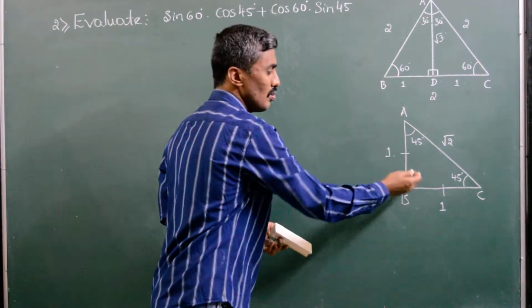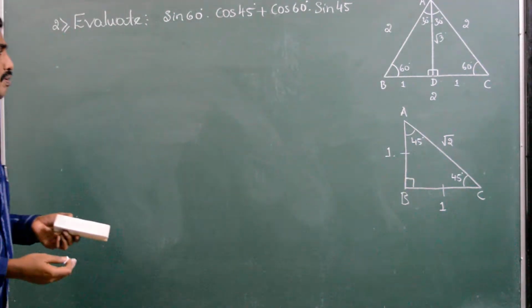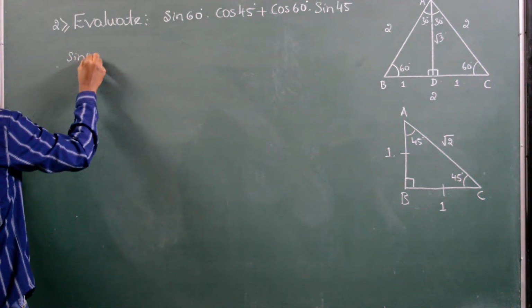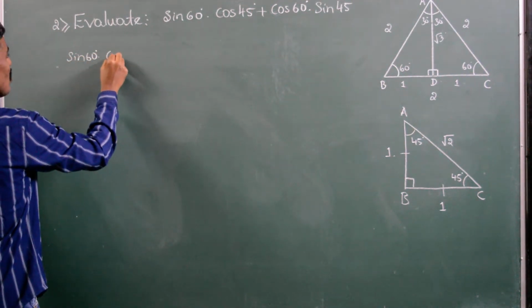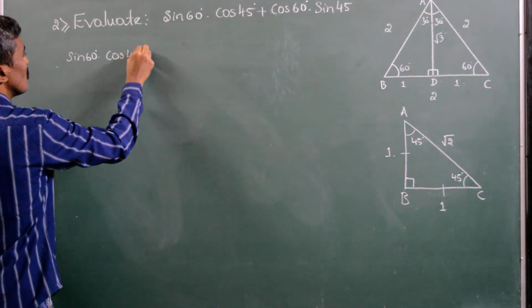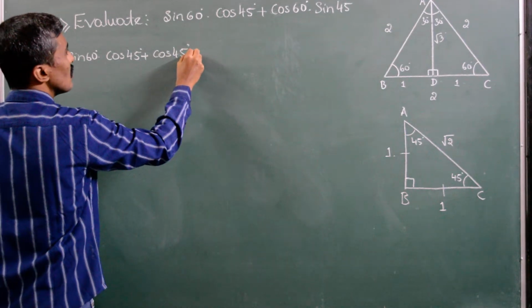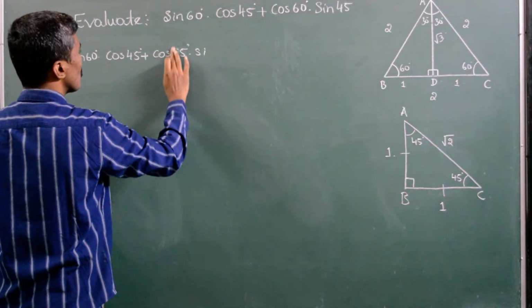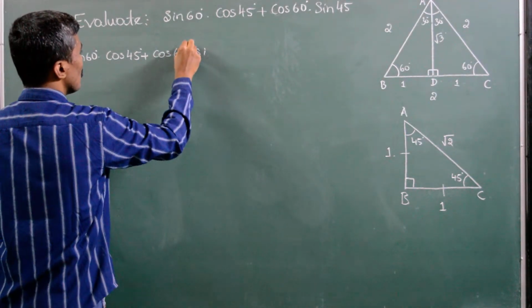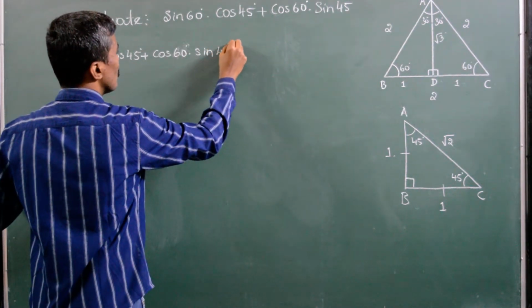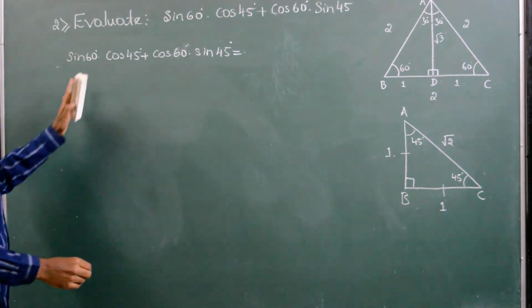Now using these two figures, we can solve the second problem. Okay. So sin 60 degree into cos 45 degree plus cos 60 degree into sin 45 degree, that equals, what is sin 60 degree?